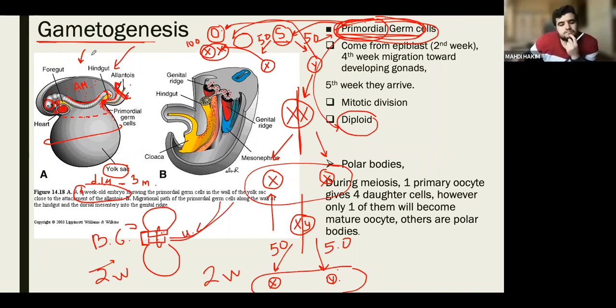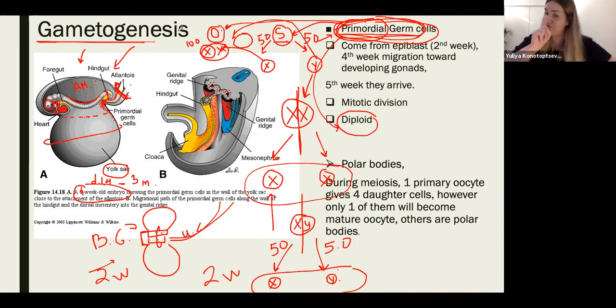So 100% of the oocytes have 1 chromosome inside, which is an X. Which chromosomes are present in the spermatozoas? 50% can have X, 50% Y. So you cannot choose the option that says X and Y. You have to choose the option that says X or Y.